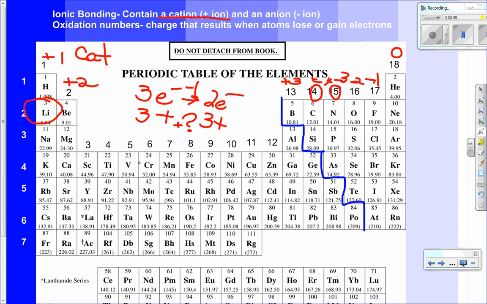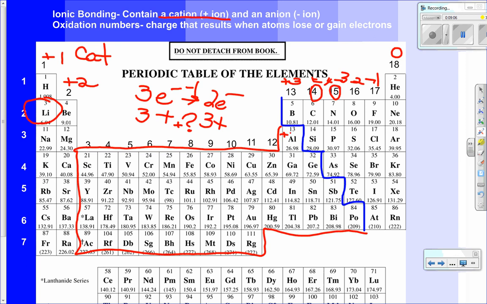And so because they can have multiple oxidation states, pretty much anybody from this line all the way to the stair step, yes, even things that are in group 13 and 14 and 15 and 16, can have these multiple oxidation states.